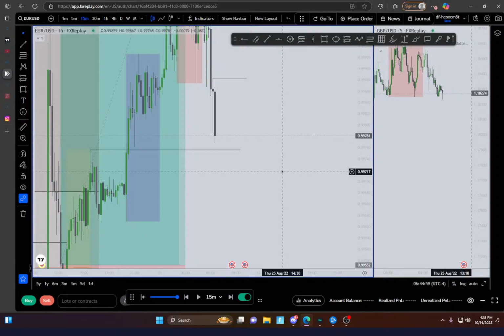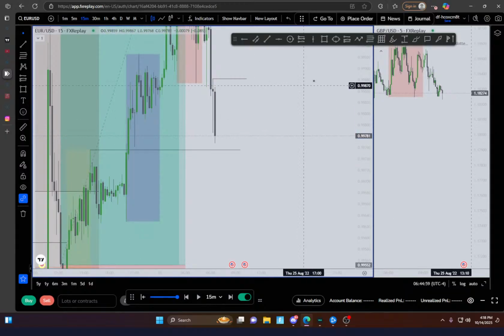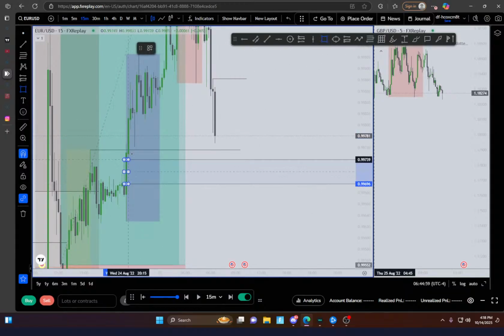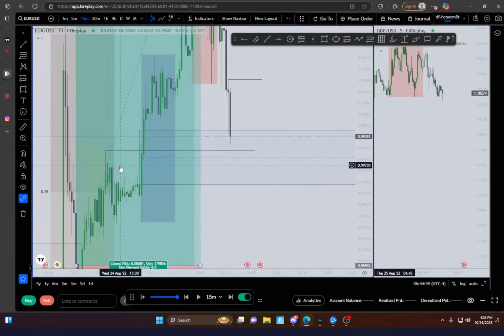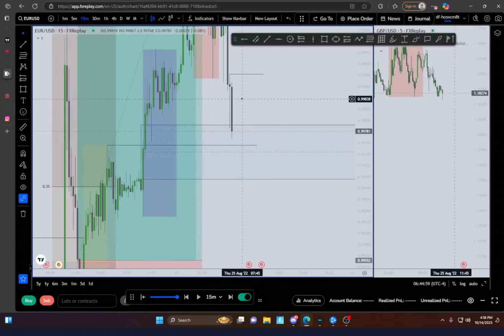So now we can definitely look for an area, let me see. Now we didn't even do that. This area gap is not even tagged.